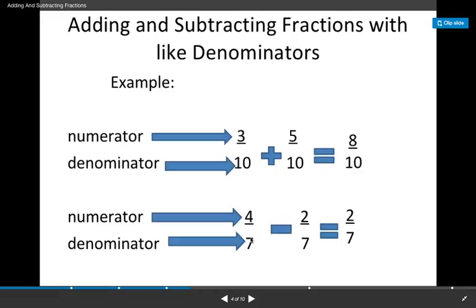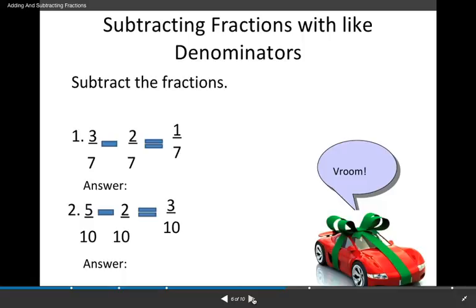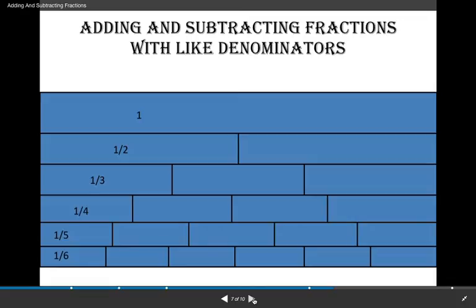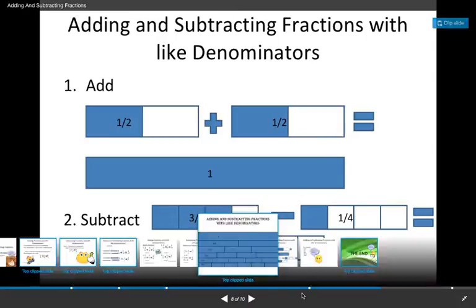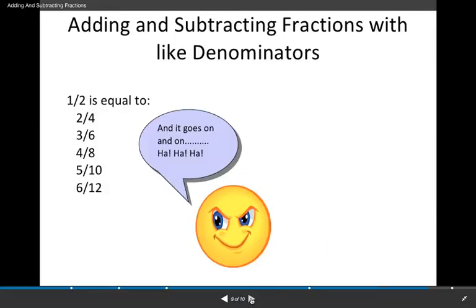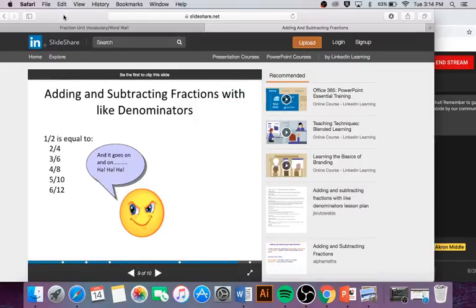Down here we have 4 over 7 minus 2 over 7. 4 minus 2 is 2, and then we put that over 7. Alright, so that's as far as we're going to go on that one.